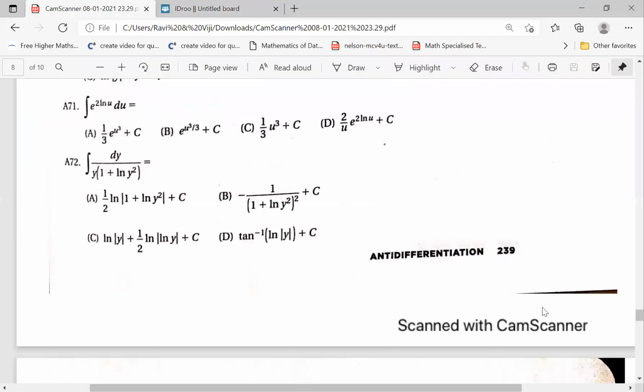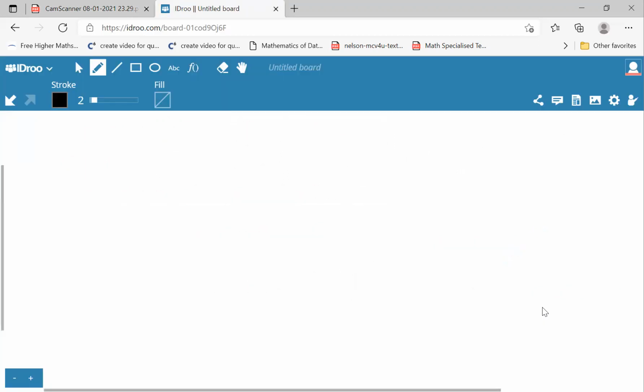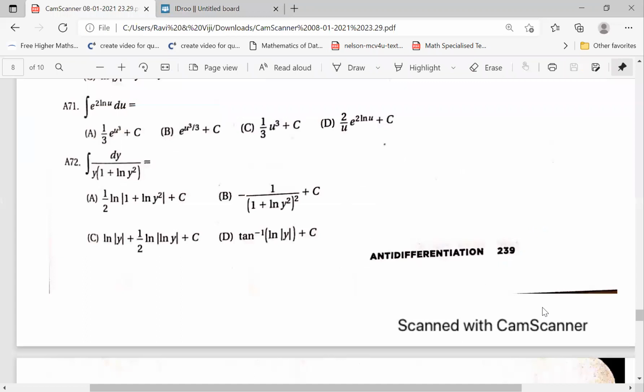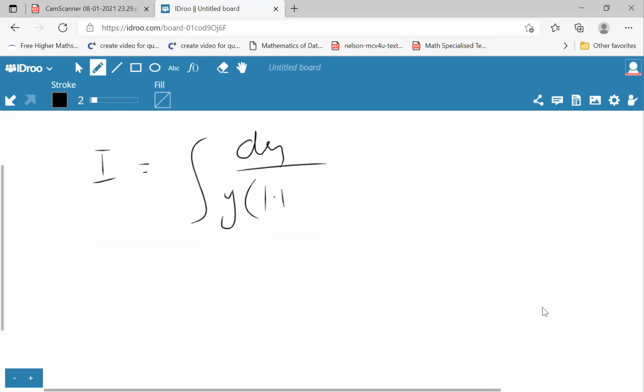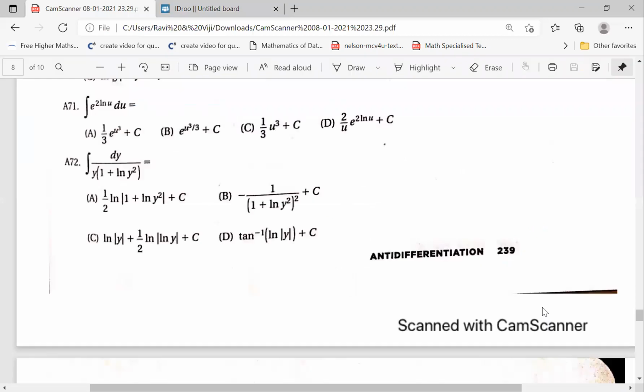Now, going to the 72nd question, integration of dy by y into 1 plus ln y squared. So let I be equal to integration of dy by y into 1 plus ln y squared.